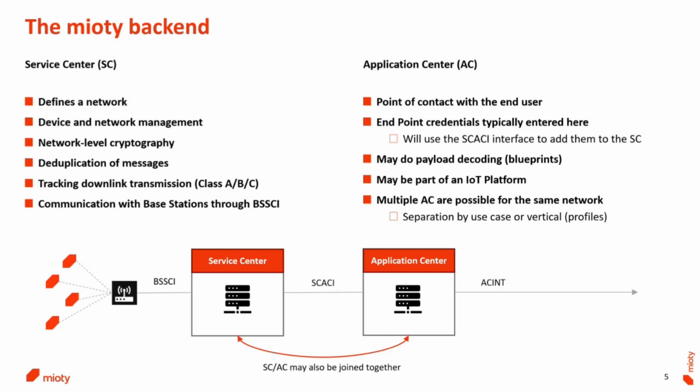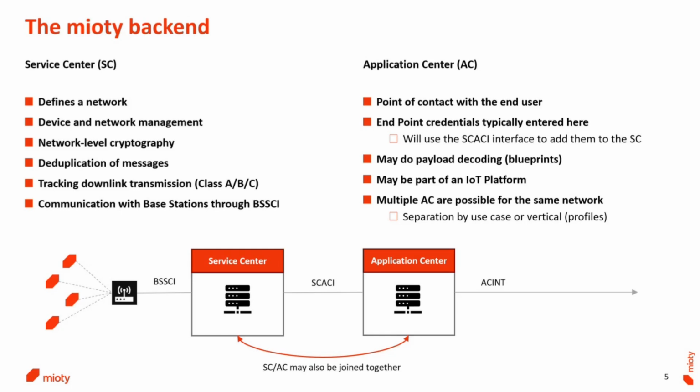And in the application center as well, you can do the payload decoding. For the payload decoding, we also have a standard. It's called blueprints. So you can just put JSON blueprints in. That's more or less defining how the payload is decoded into human readable language. And from that, for example, you can transmit the human readable JSON files to your IoT platform and end customer platform.